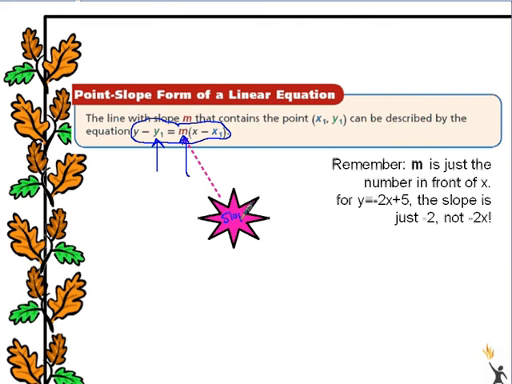M is slope. It's the number that's in front of x, right? Times x. This first x we just leave as x, but then x1 we fill in as a number. Where do we get y1 and x1 from? That comes from a point that the problem will give us.